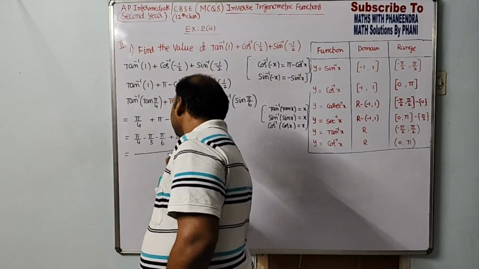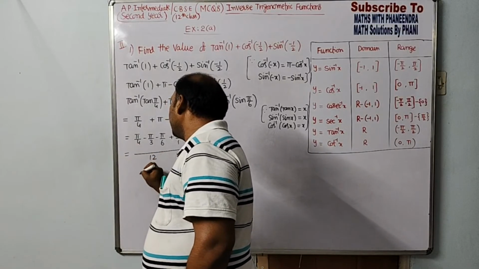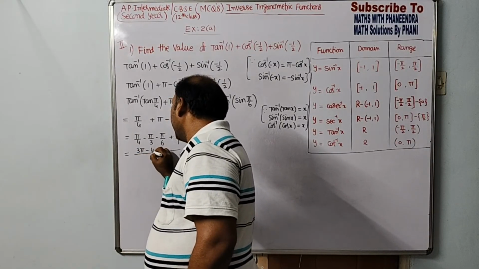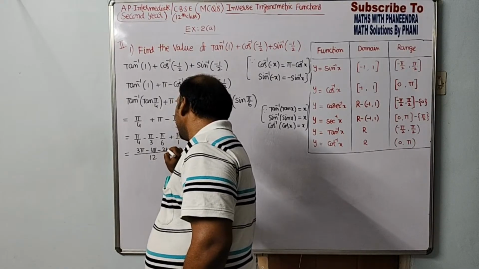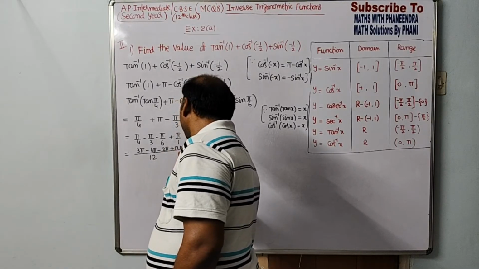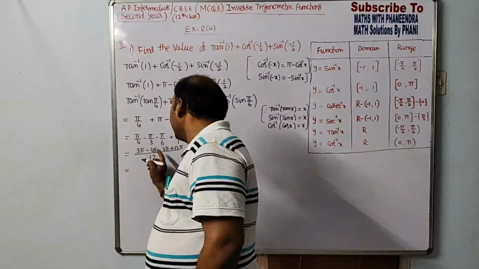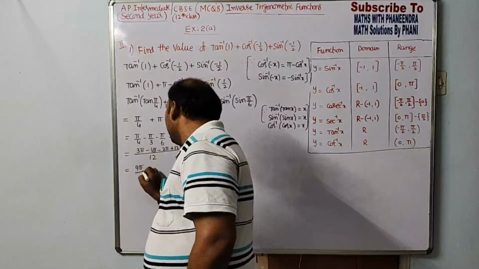So take the LCM. 12 is the LCM. 4 threes are 12, so 3 pi, minus 4 pi, minus 2 pi, plus 12 pi. So 12 plus 3 is 15, 15 minus 6 is 9 pi by 12.